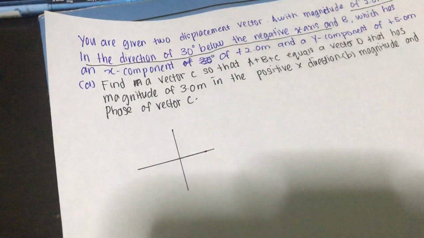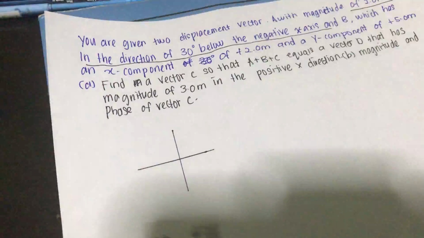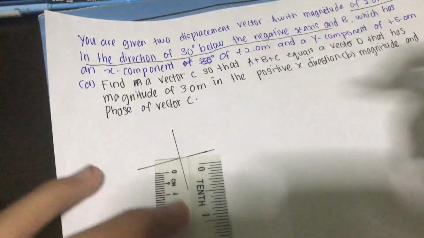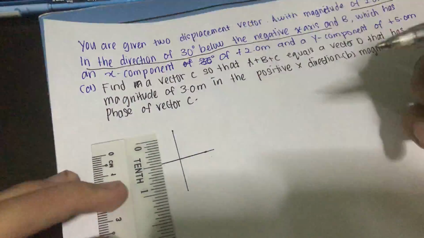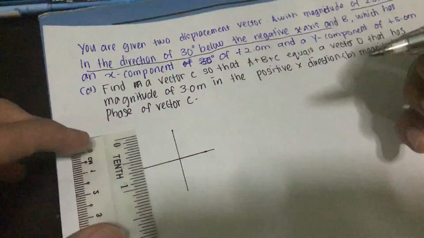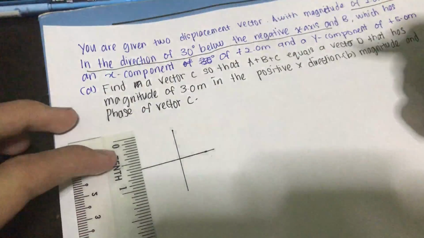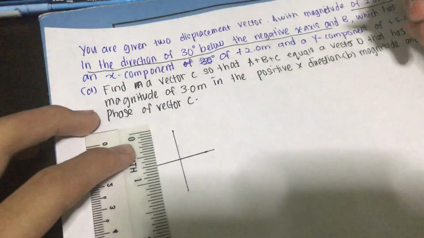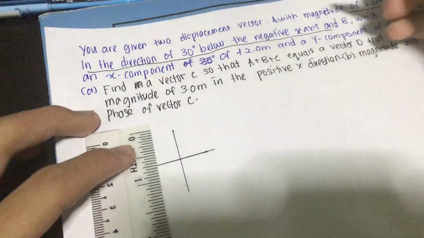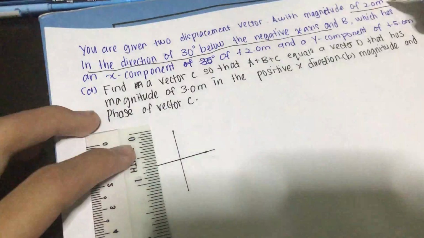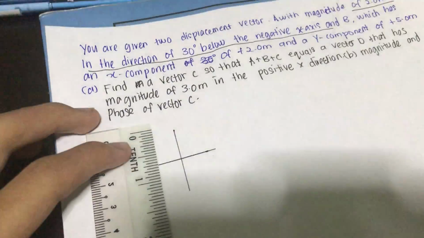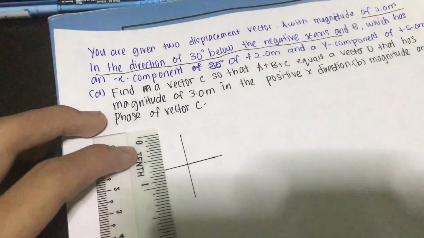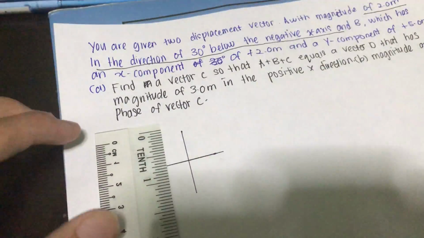So we go to question A, which is to find a vector C. The question gives us vector A with a magnitude of 2.0 meters in the direction of 30 degrees below the negative x-axis.